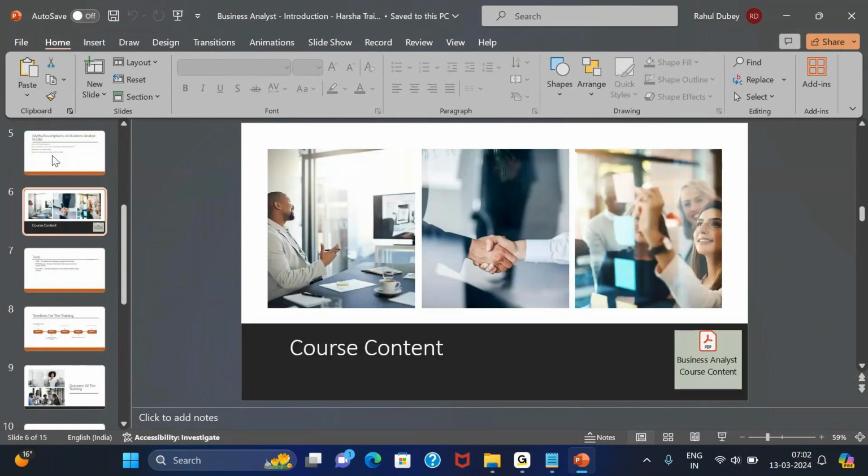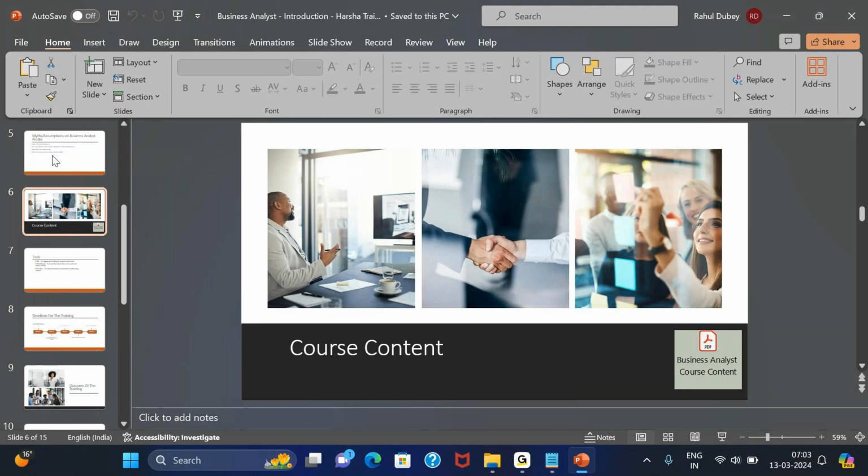Then we looked at the course content, wherein we saw that the entire course is divided into three parts. The introduction part is to build the basics, so that even someone who belongs to the non-IT industry or who hasn't been working as actively as a developer or a QA can also understand the nuances of how the IT team works.